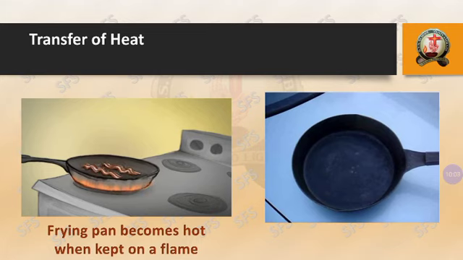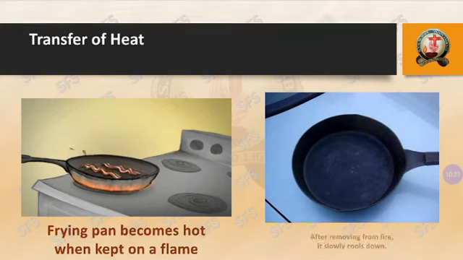So the hot object, the flame, is trying to transfer its heat to the cold object. Before I kept the frying pan on the stove, the frying pan was cold, and that's the reason the transfer of heat took place from stove to frying pan.